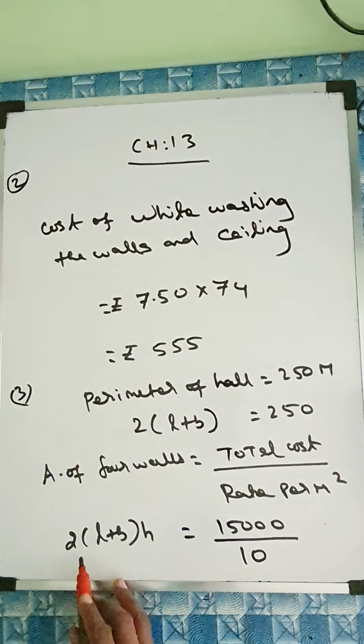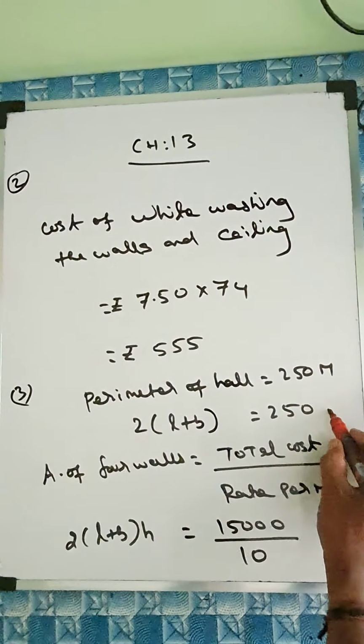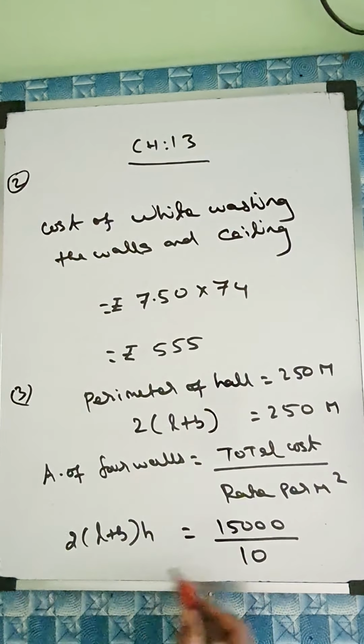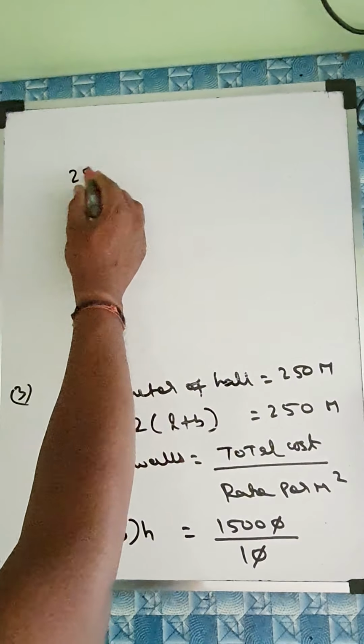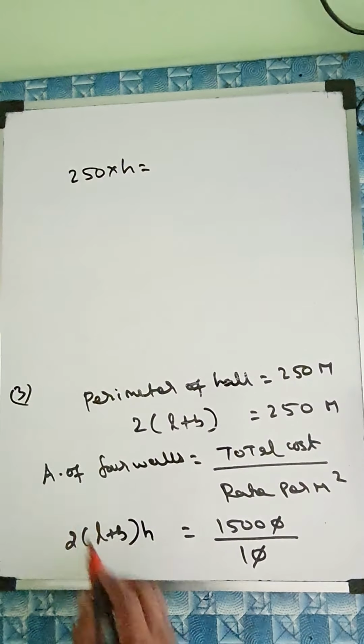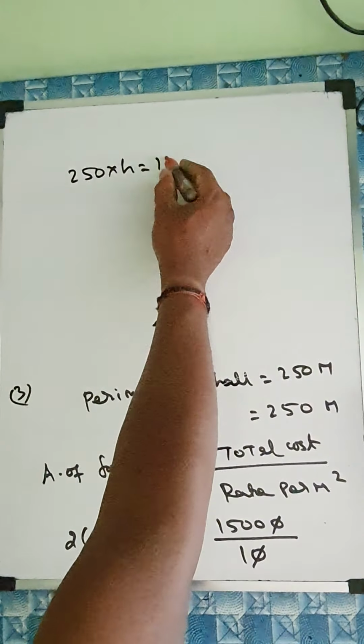Okay, so 2(L plus B) we know is given as 250 meter, so we can write 250 here, and here 0 0 cancel. So I'll write it here, 2(L plus B) is 250 we got, just write it, into H we are going to find out. So it will be here only 1500.